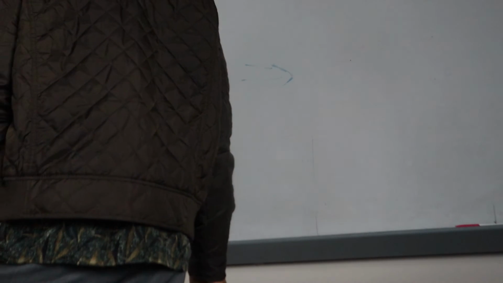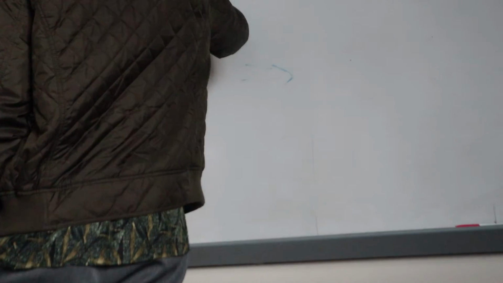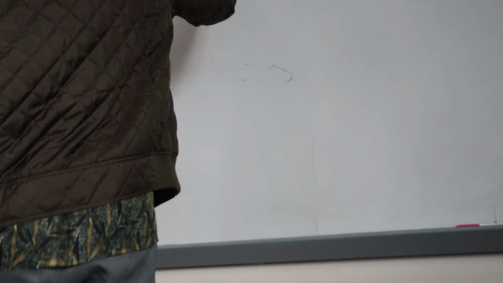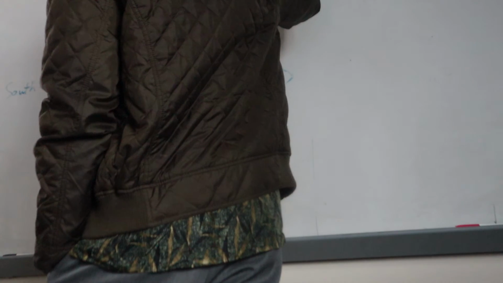Alright, so that's it. And then we know our equations. Centripetal acceleration equals v squared over r. So that's why they put the v, 25 meters per second, squared, over r, which is 500 meters.